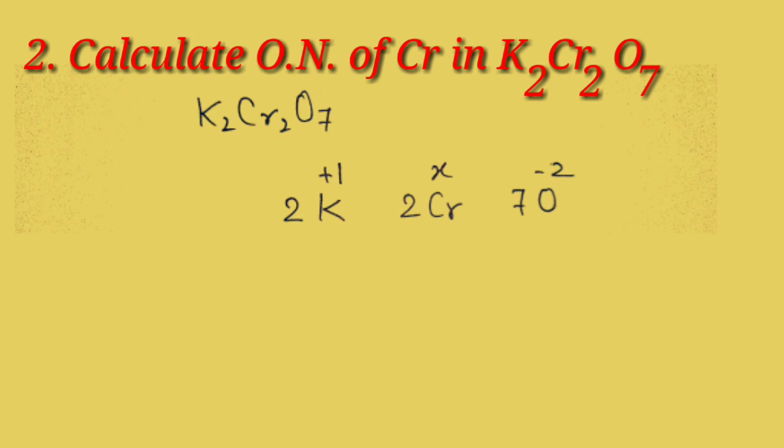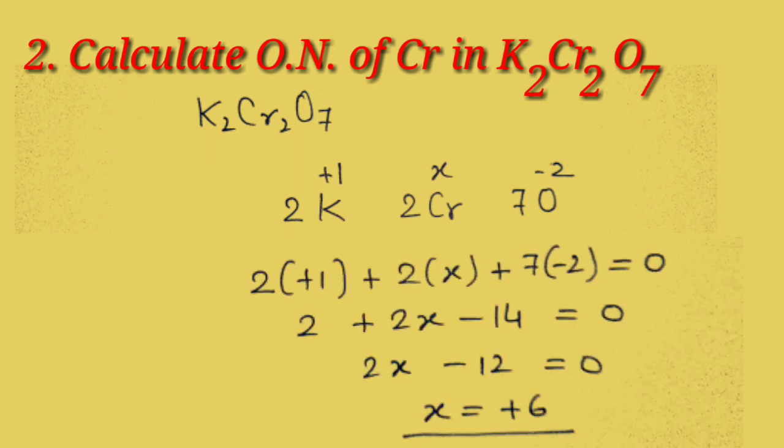So now let us consider oxidation number of chromium as X. So there are 2 potassium atoms, therefore 2 into 1. There are 2 chromium atoms, therefore 2 into X. And there are 7 oxygen atoms, therefore 7 into -2. So on further calculation, we get the value of oxidation number of chromium in K2Cr2O7 as +6.